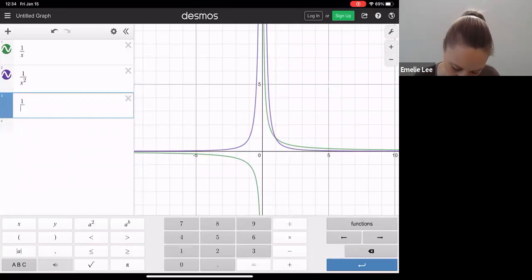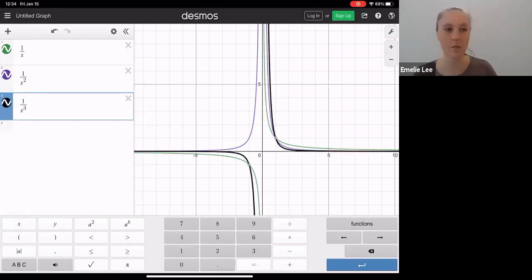Let's try 1 over x to the power of 3, right, behaves similar to 1 over x, right? So these odd powers, if they're in the denominator, have this kind of I don't know, 2C shapes, right?